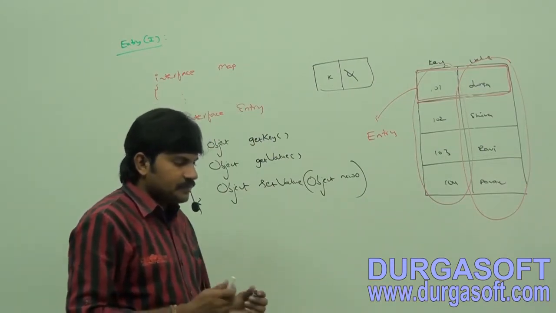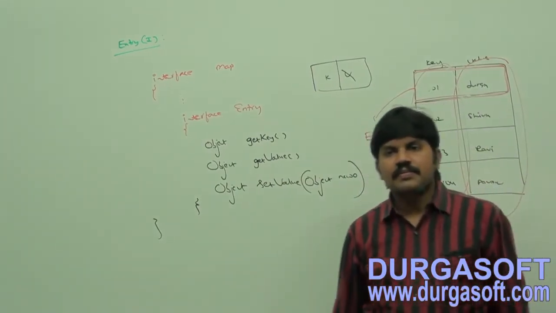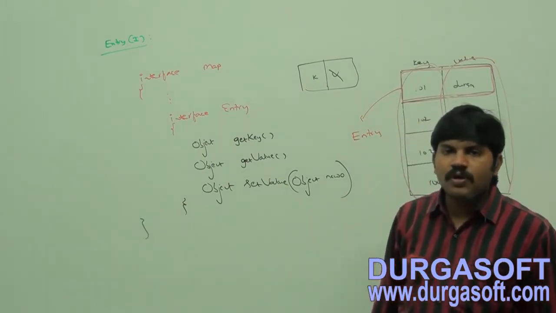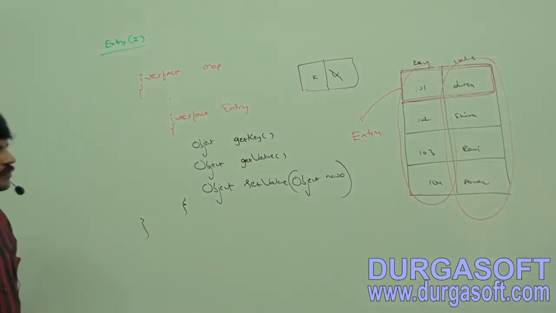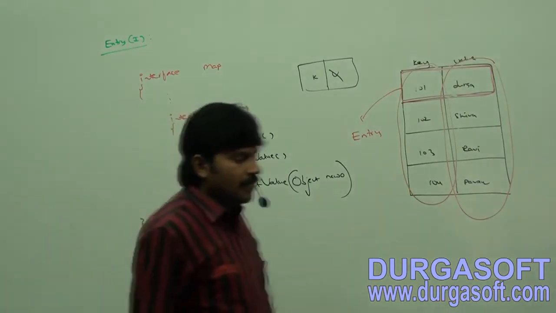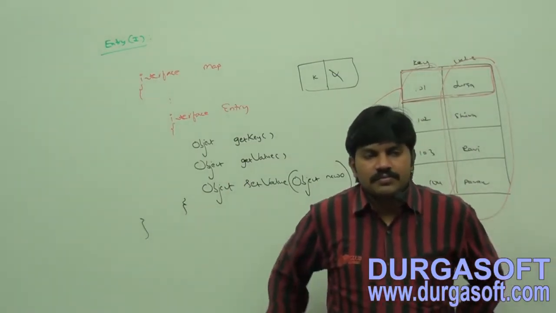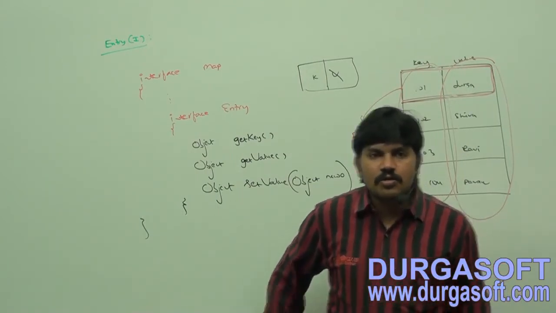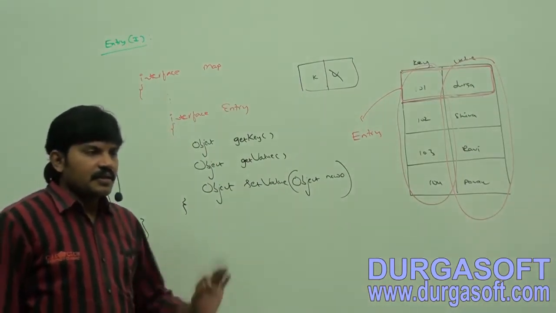A Map is a group of key value pairs, and each key value pair is called an entry.